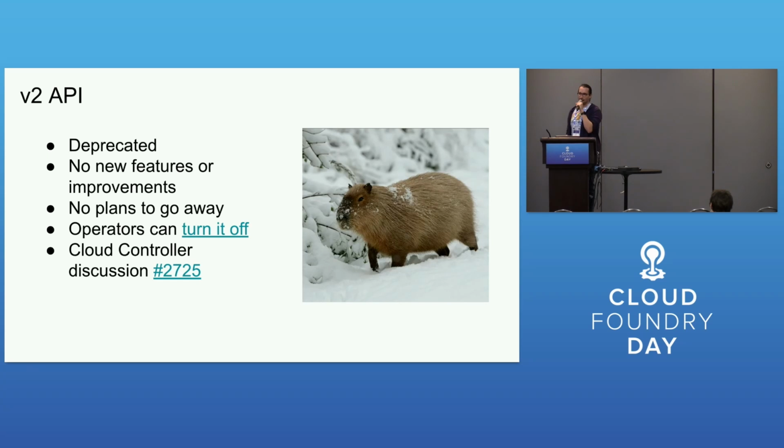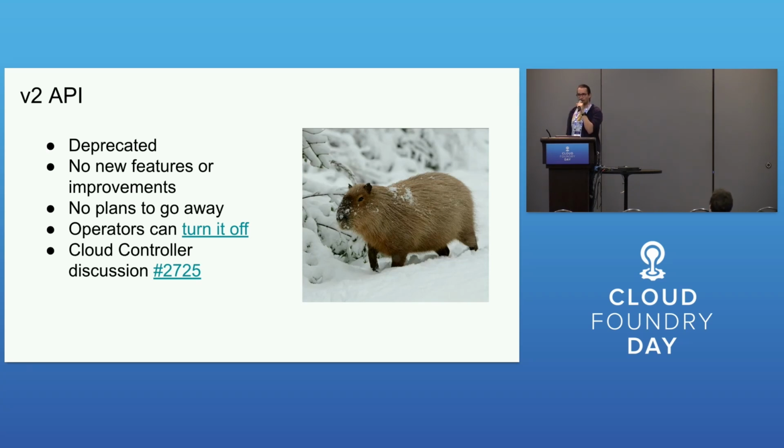The effort to move all of those clients over, and the pain that would be caused by ripping away people who are depending on those clients, was too high for us to undertake. However, for an individual Cloud Foundry deployment, the operator can turn off the V2 API.